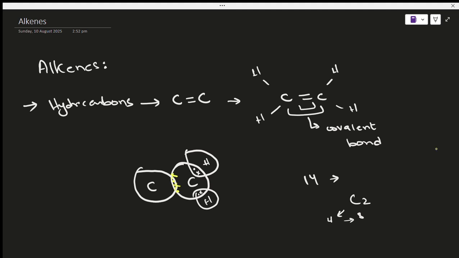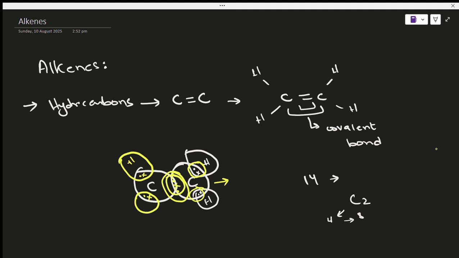So now the outermost shell for this carbon is complete. It has two here, four here, and two here, which means it's now complete. And for this carbon, it has four here again because this is shared. You have one hydrogen bonded here and one hydrogen bonded here, so you have two electrons here and two electrons here. So this is how the dot and cross diagram works.